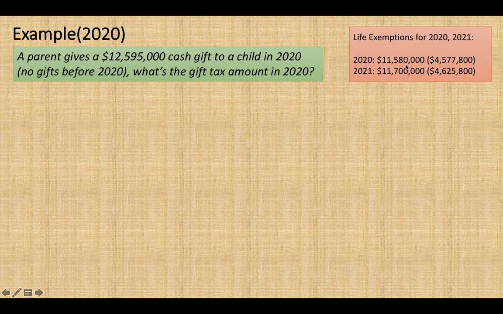The 2020 lifetime exemption amount is $11,580,000. Then you can calculate the credit amount based on that table, which gives you the lifetime credit amount. Remember, when you calculate the gift tax, you always use the credit amount rather than the lifetime exemption amount.